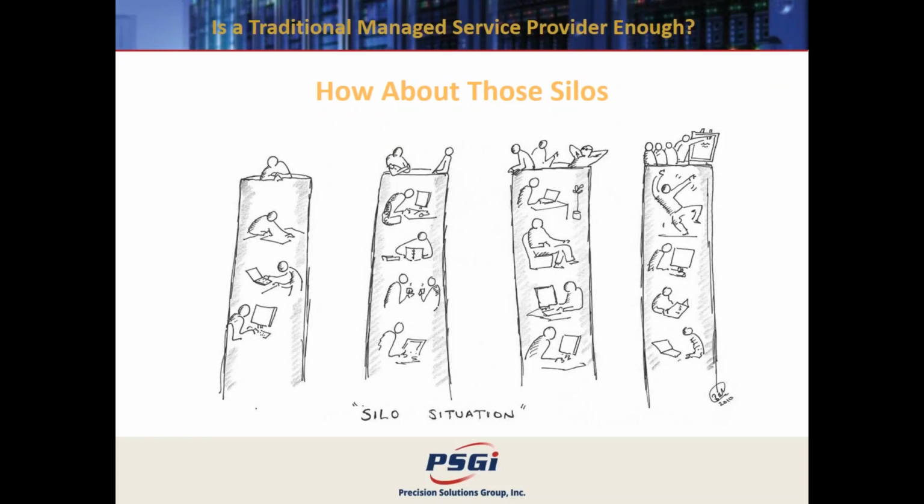But if we break down these silos a little bit, I'm sorry, when we're talking about IMSPs, breaking down these silos isn't necessarily the goal, although it helps. If you look at the picture that we have up on the screen right now, it's those things that lie in between the silos. It's like those gray areas that we have to worry about. So it's the things that don't necessarily fall into application support or the MSP silo.